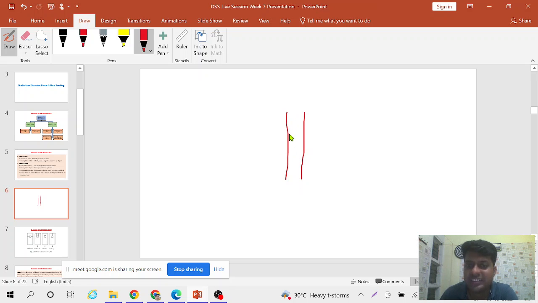Let us suppose this is the bolt or rivet and this is the shear plane. You all know what will happen in shear failure of bolt. Can you tell me? Sir, shear force is acting on the bolt and it leads to failure.